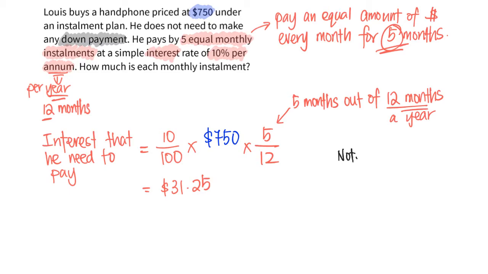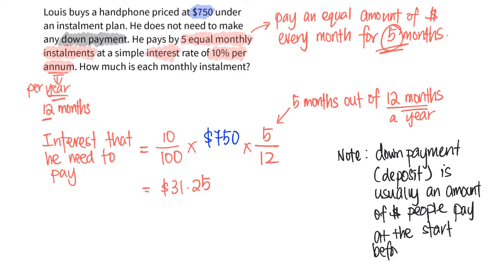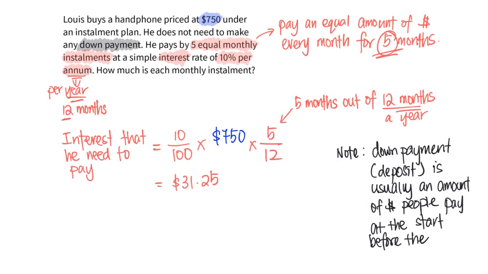A down payment, another word for it is also deposit, is usually an amount of money people pay at the start before the monthly installment comes in.